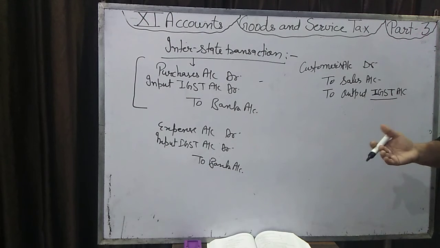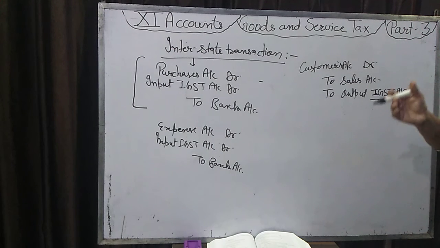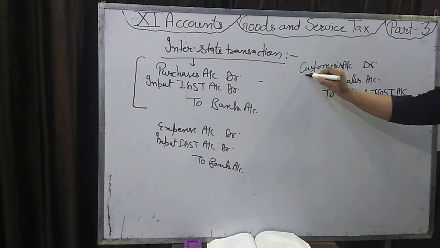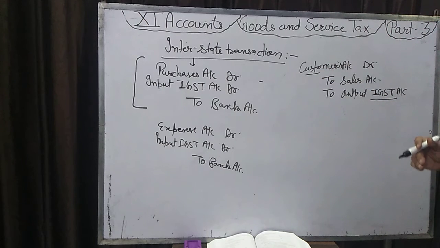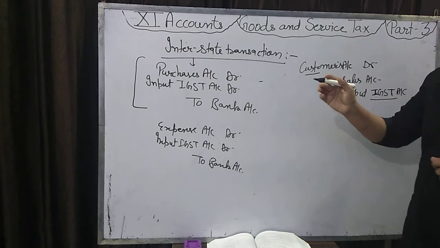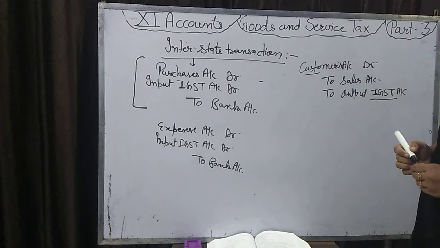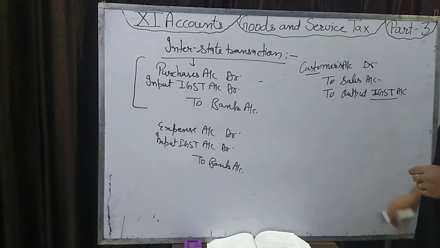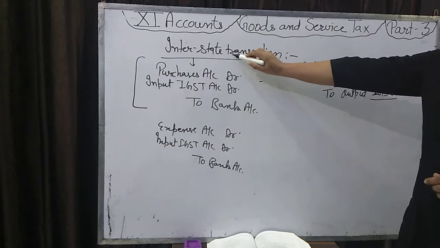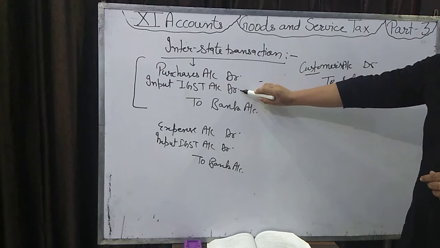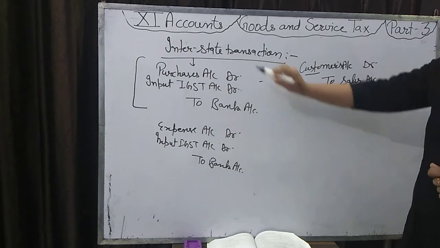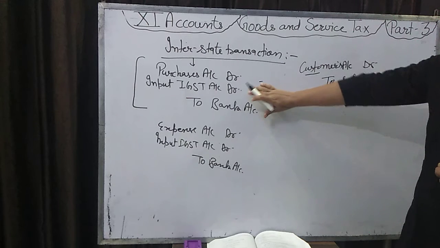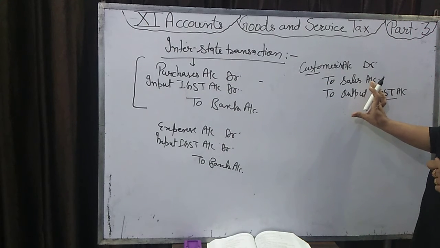Intrastate means the same state, that is, the businessman and customer, seller and purchaser, are both from the same state. Then in that entry we will put the accounts CGST and SGST, in purchase and also in sale. And when there is an interstate transaction, then only one GST, IGST, integrated goods and service tax, will be paid as well as collected.